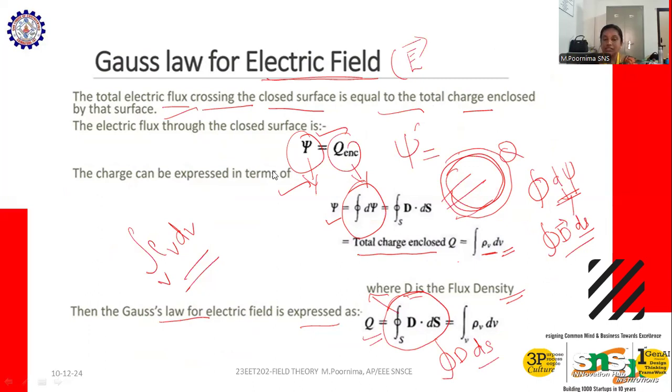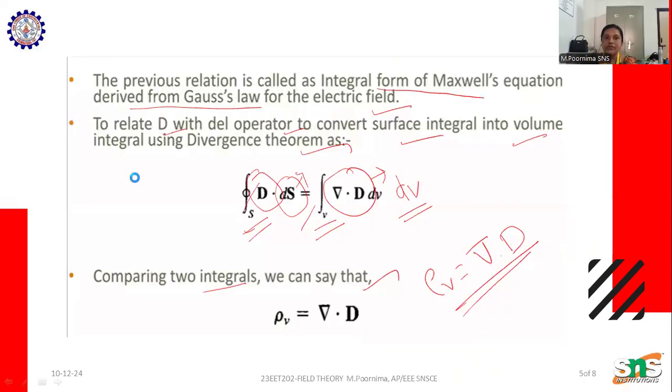The flux can be written as the total flux density around the surface with respect to surface area. The total charge, in terms of volume, is rho v into dV. Using the divergence theorem, we relate the surface integral with the volume integral. Finally, we get rho v is equal to the divergence of flux density.